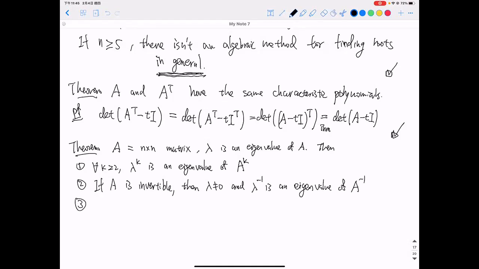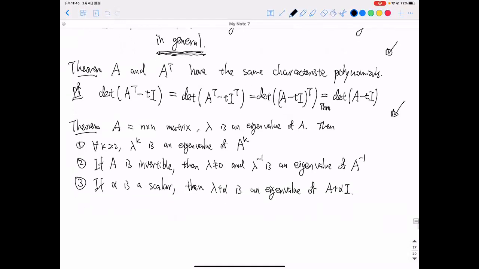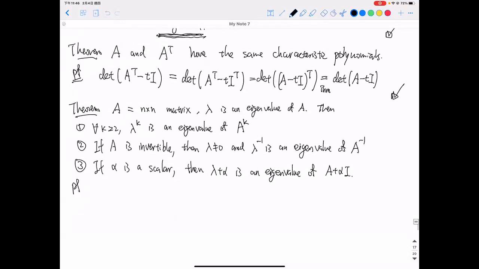Third, if alpha is a scalar, then lambda plus alpha is an eigenvalue of A plus alpha I. Okay, and proof.